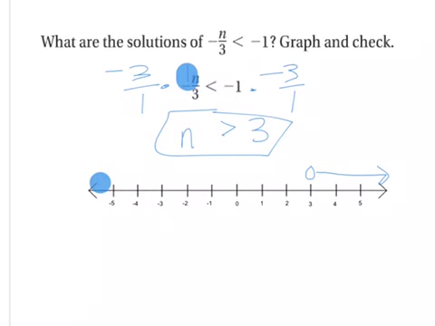And so to get rid of that fraction as a coefficient, what we need to do is multiply by the reciprocal to get rid of that. So I multiplied by negative 3 over 1 on each side, and that got me n is greater than 3. You can see the graph. I did an open circle moving to the right.